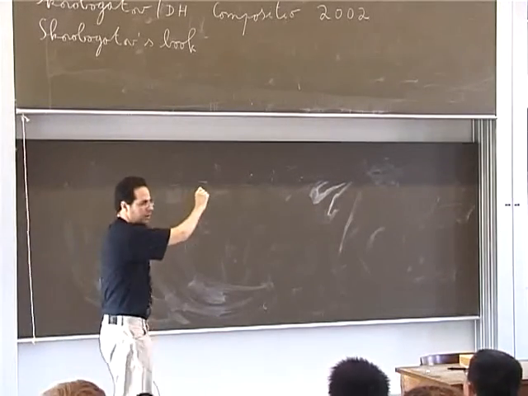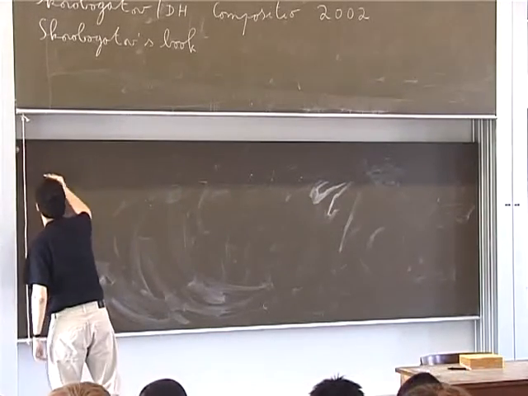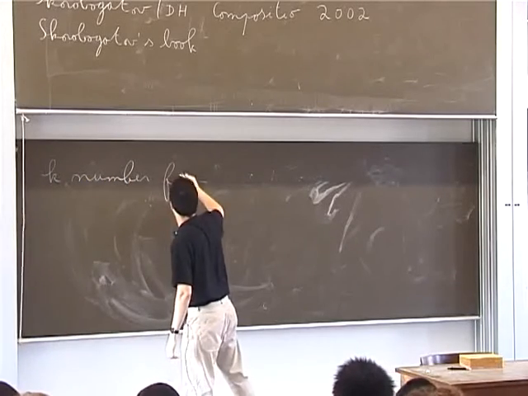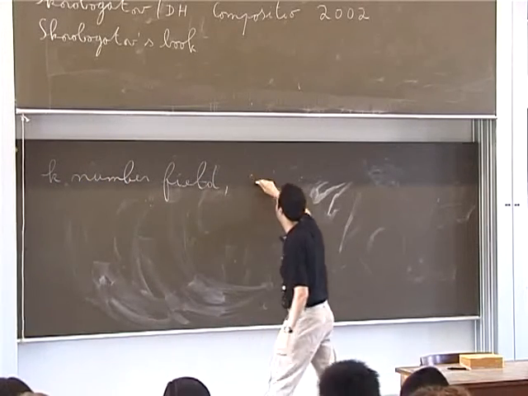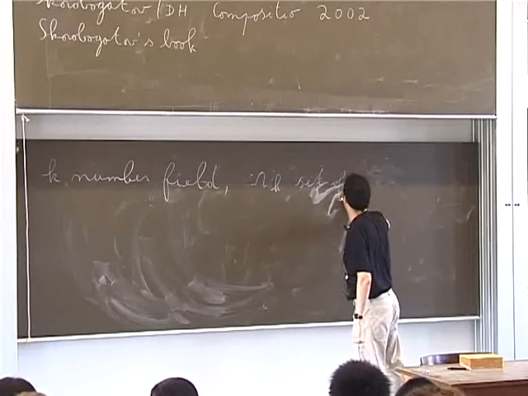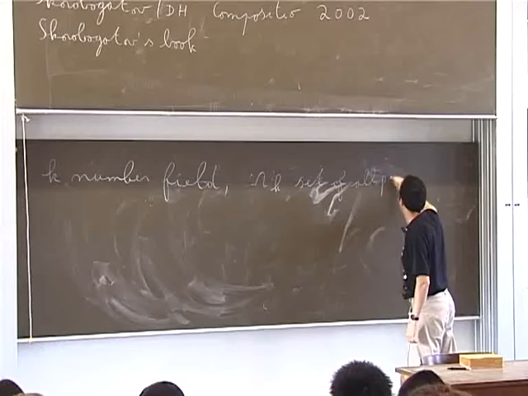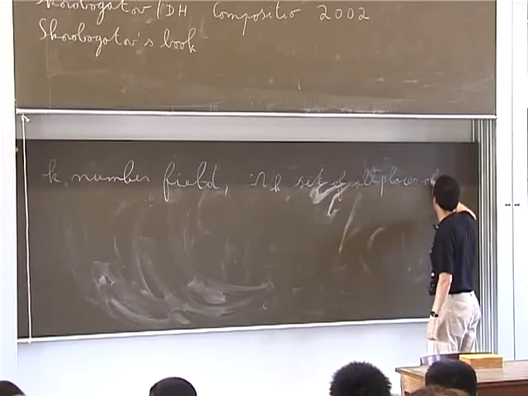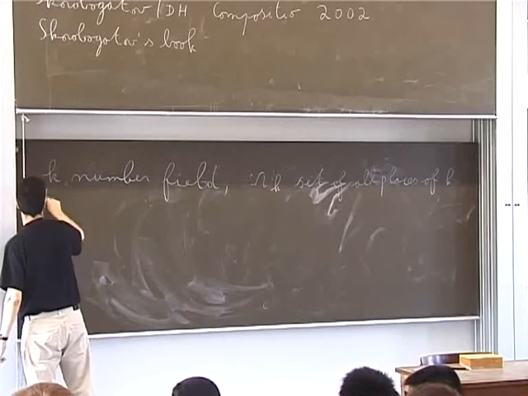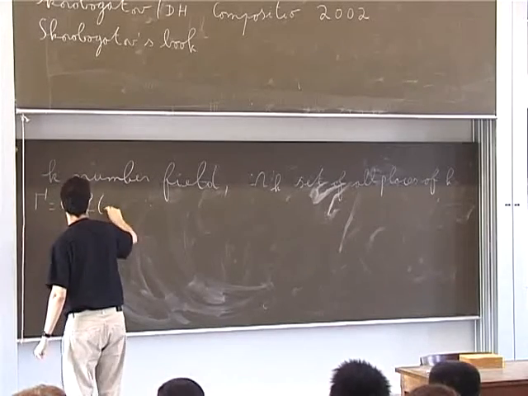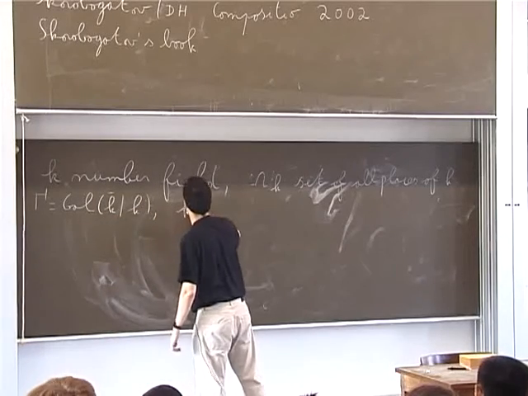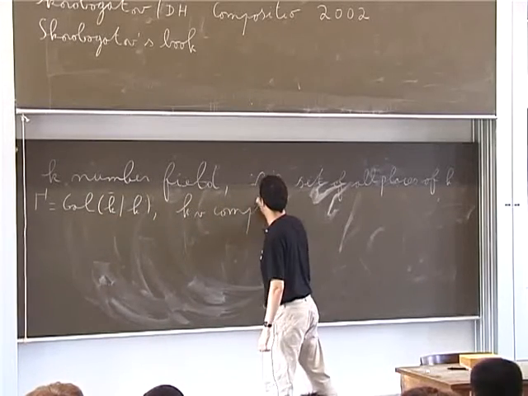So I recall some notation. From now on, K is a number field, and omega K is the set of all places of K. And recall that gamma is the absolute Galois group, and Kv the completion of K at v.